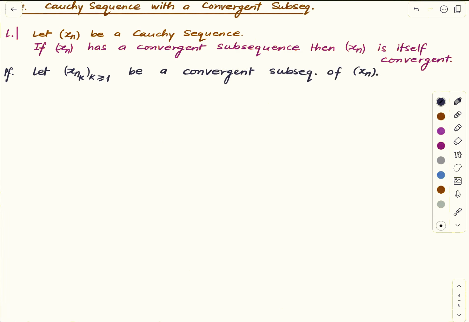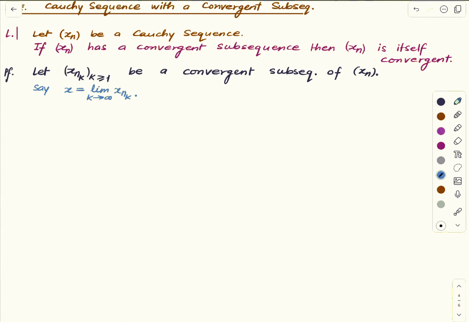We fix a convergent subsequence and say x is the limit of this. We will, of course, conclude that the Cauchy sequence itself converges to x.